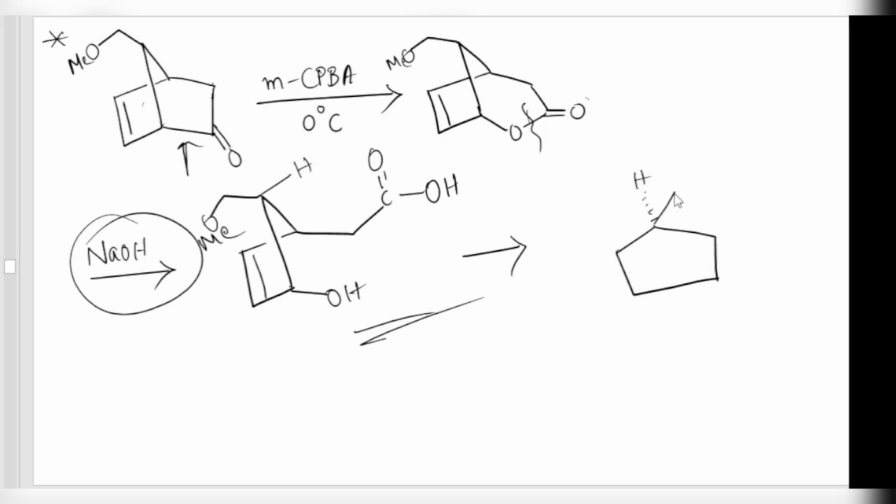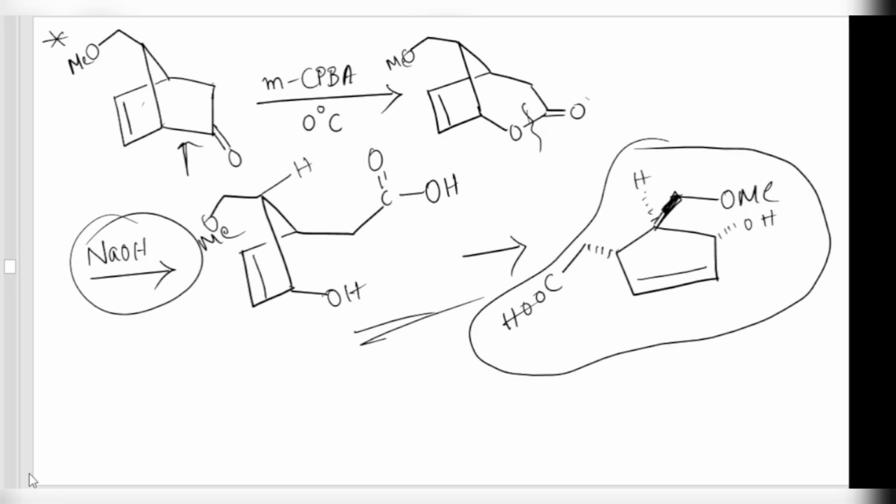This is hydrogen, and towards the observer there is a methoxy group here. And these two groups I have to write away from the observer, that is OH, as well as one carbon here and COOH. This is the major product we want to write.